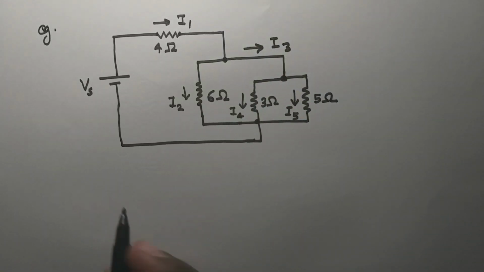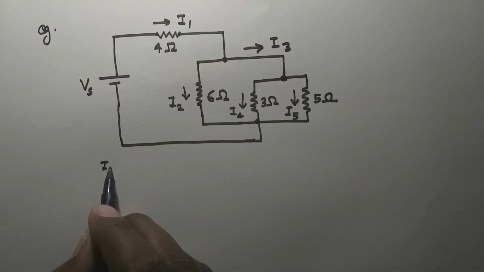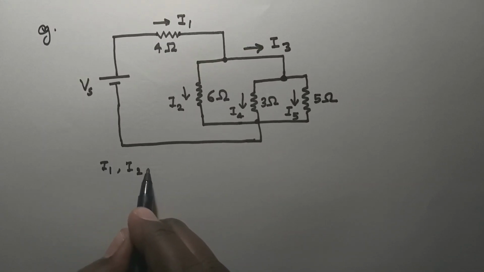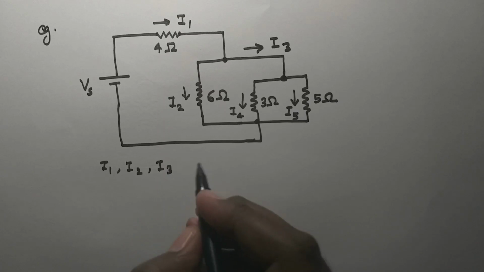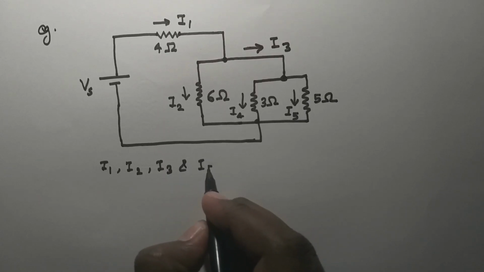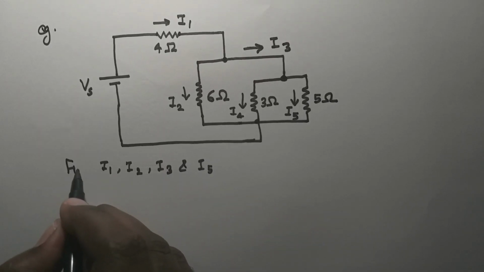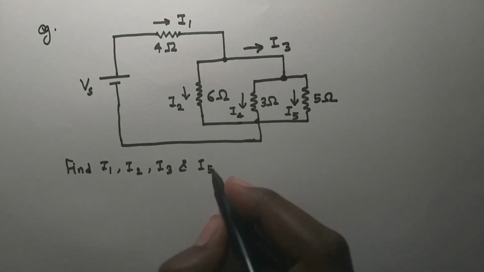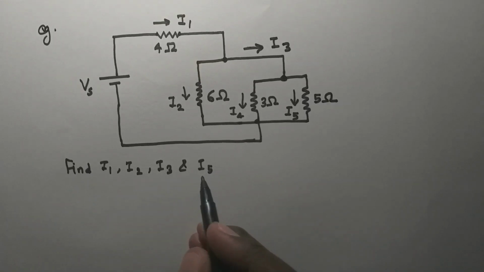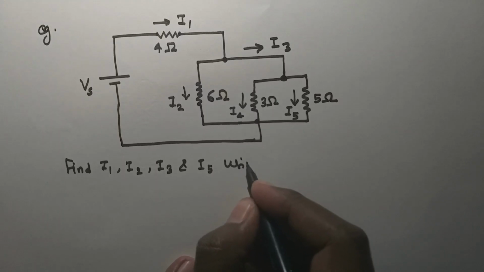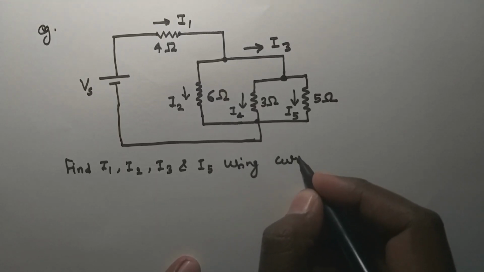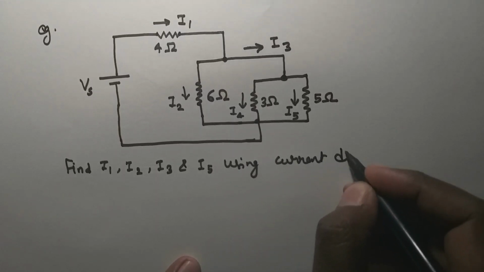So we have to find out I1, I2, I3 and I5 using current division rule.